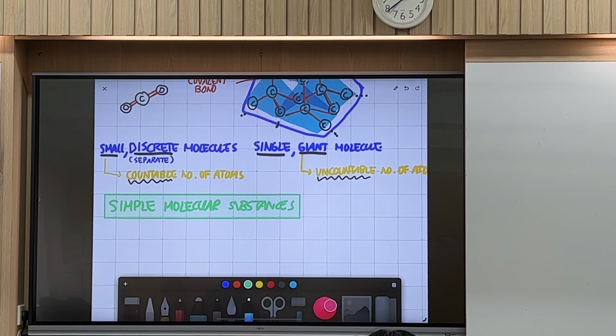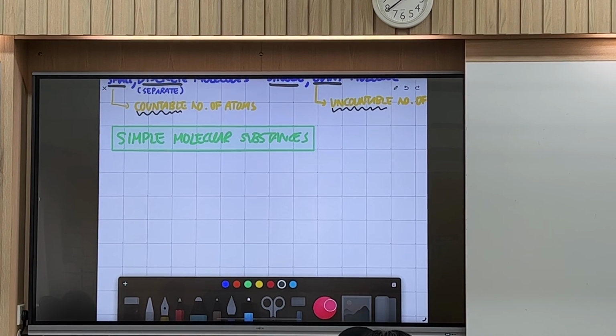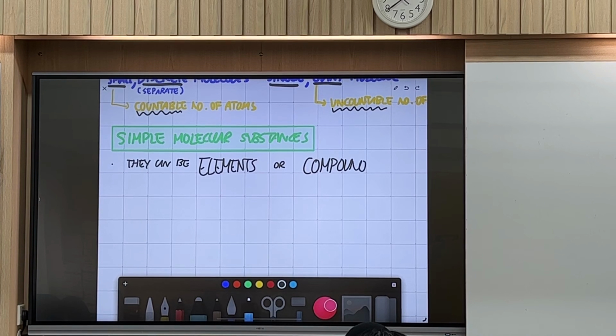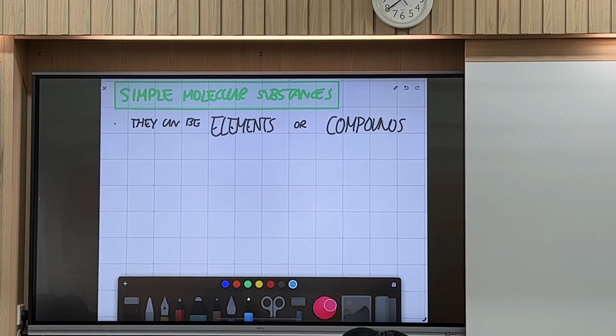So simple molecular substances can be elements or compounds. I want to give you a lot of examples here, so you can see. They can be elements like O2, H2, N2.